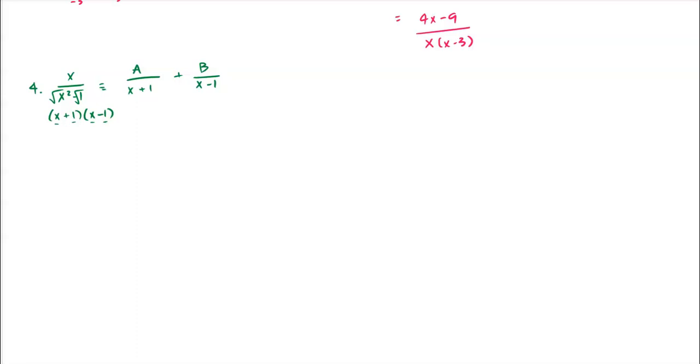So we have a times (x minus 1) plus b times (x plus 1) over our denominator. Now we have this numerator x equal to this numerator: x = a(x minus 1) + b(x plus 1).